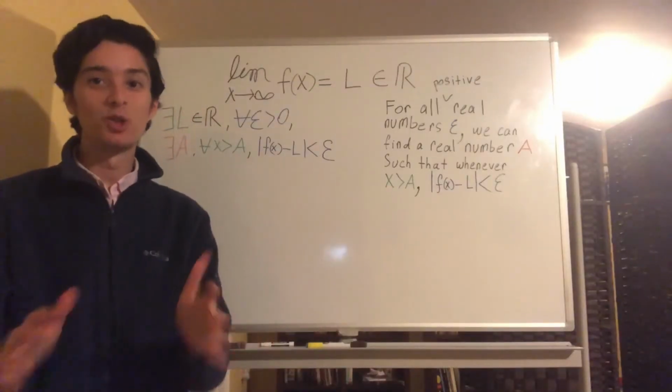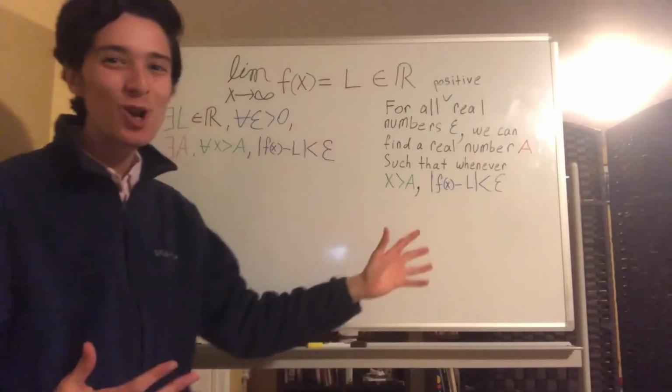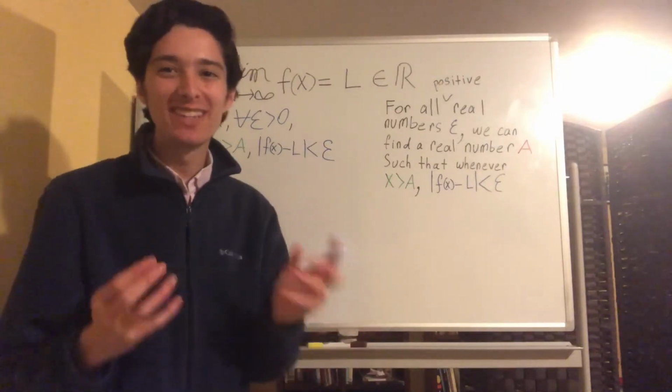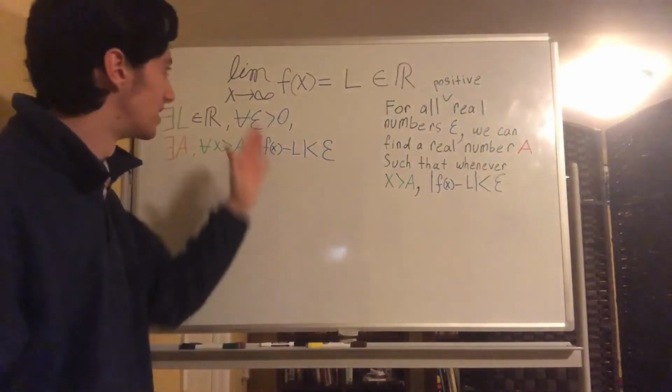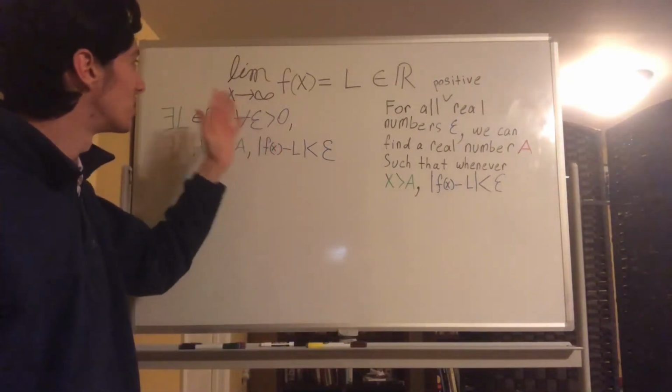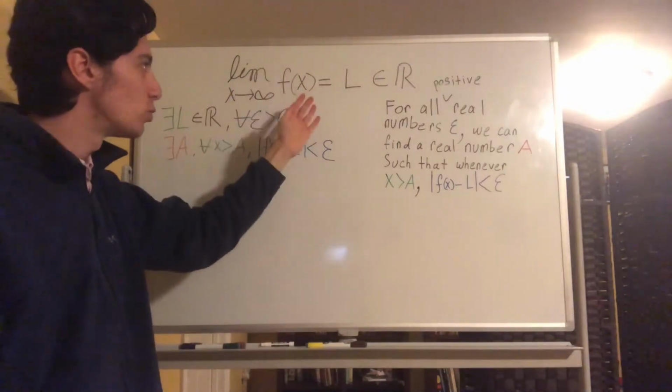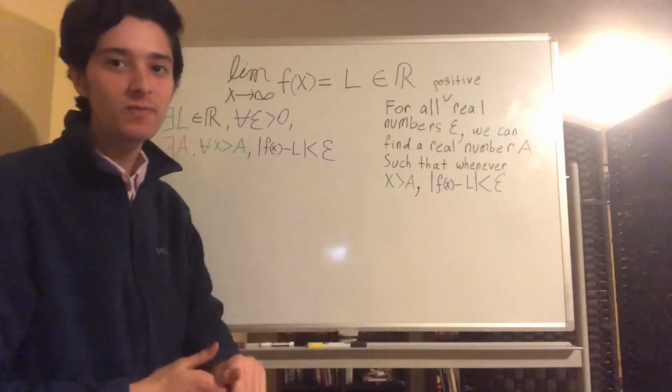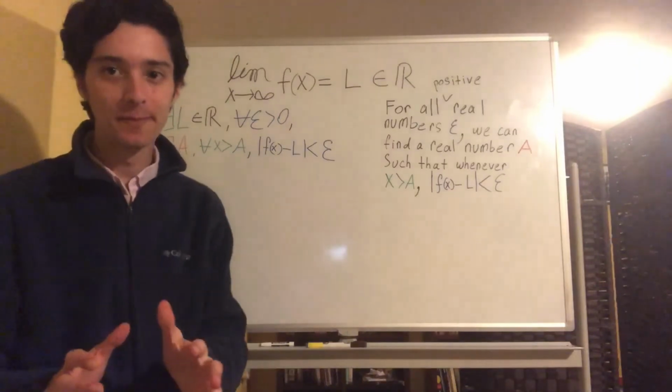All right, so now I've written up here on our board the rigorous definition of this limit. The limit as x approaches infinity of f of x equals a constant L. So, what does this mean?